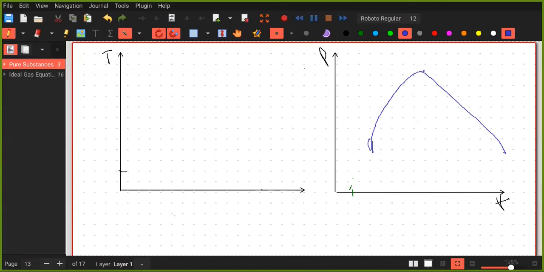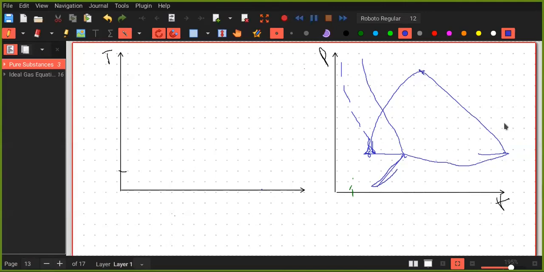So we have the critical point here, we'll have the triple point line. So here we'll have the saturated solid line. And here we'll have the sublimation line.